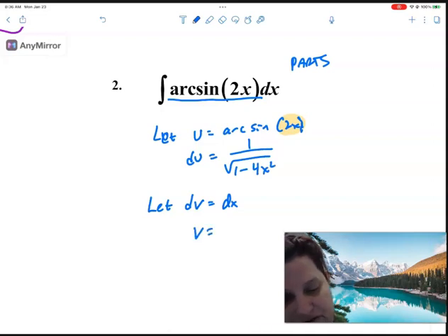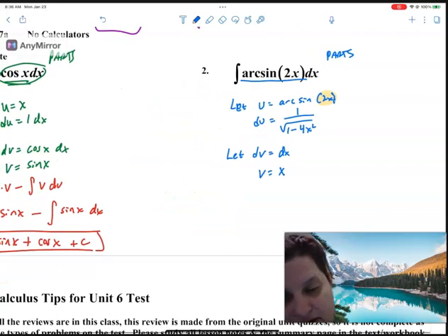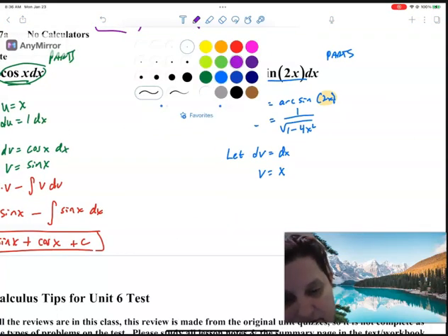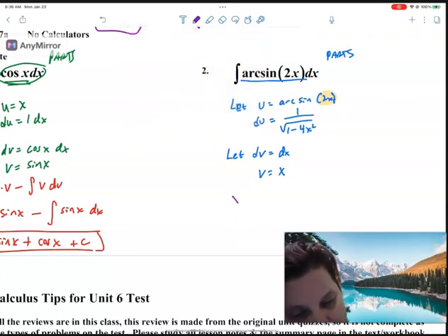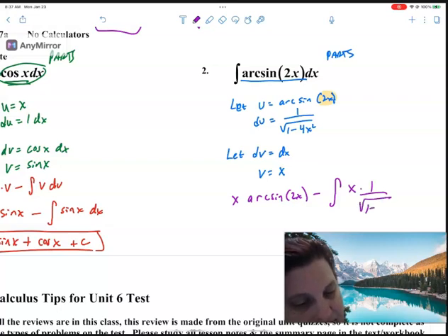And then v just becomes 1x. So now if I do my ultraviolet voodoo, I get uv, so it's going to be arcsine 2x times x. I'm going to put the x in the front. Minus the integral of v and then du.